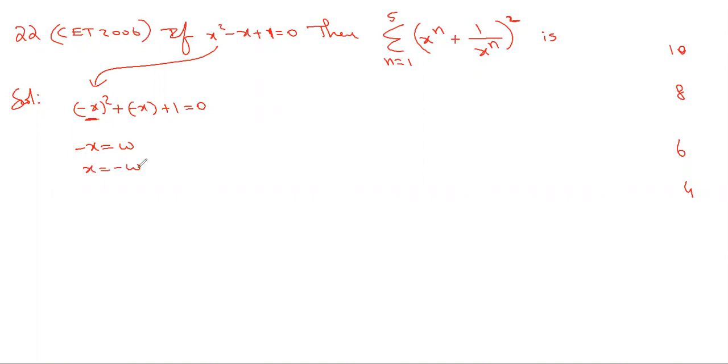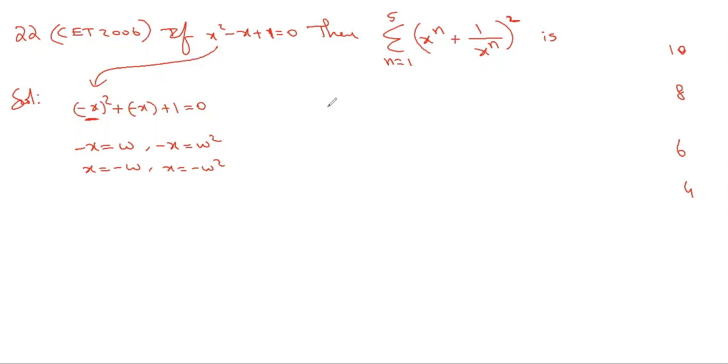And automatically minus x equal to omega square is also another root. So x is equal to minus omega square. So the two roots for this equation are minus omega and minus omega square. You can take any one of them, that's fine, right?